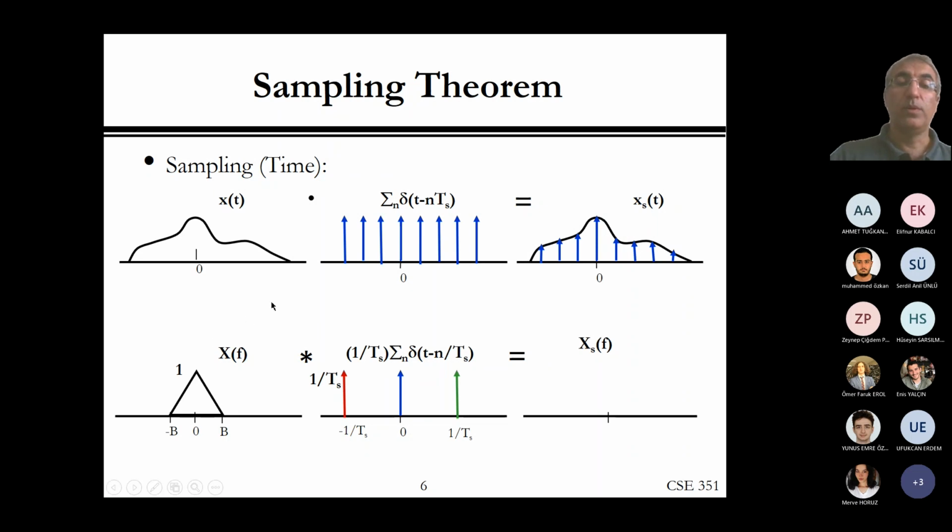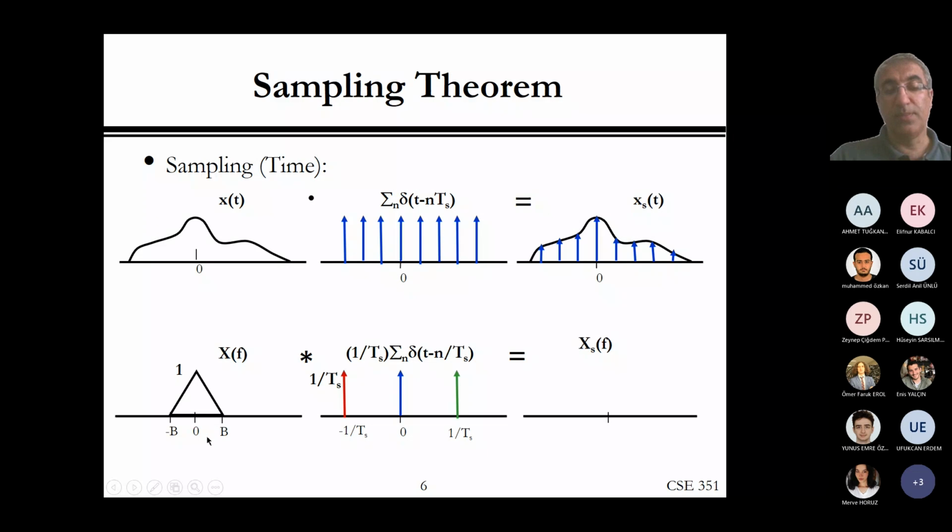And what's the corresponding operation in the frequency domain? If you remember, multiplication in time corresponds to convolution in the frequency domain. The Fourier transform of x of t is X of f, and it has a bandwidth of B, as you see.